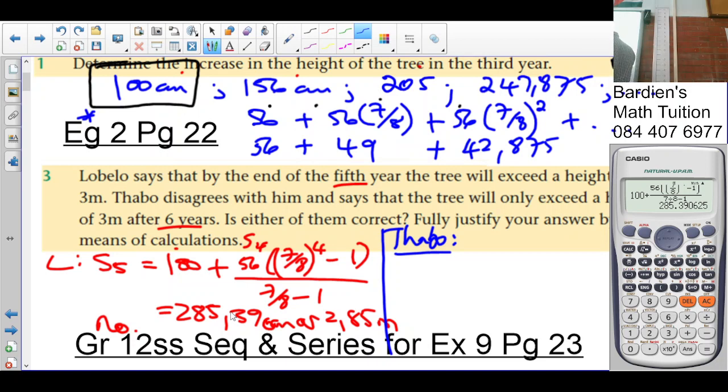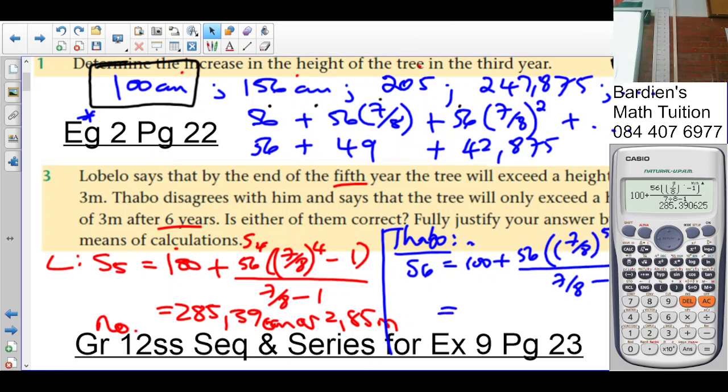Tabu says after 6 years. So we're going to work out the sum of 6 years, so it's going to be 100 plus 56 into 7 over 8 raised to the exponent 5. Remember that 1 is accounted for. Minus 1 over 7 over 8 minus 1.